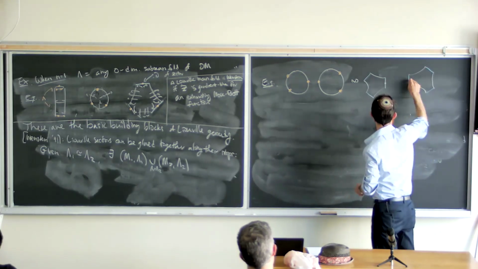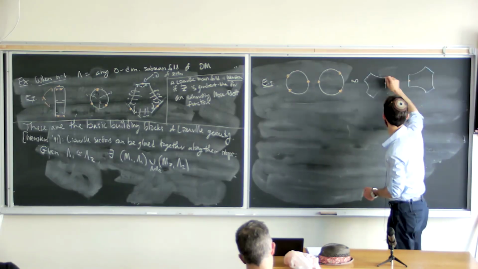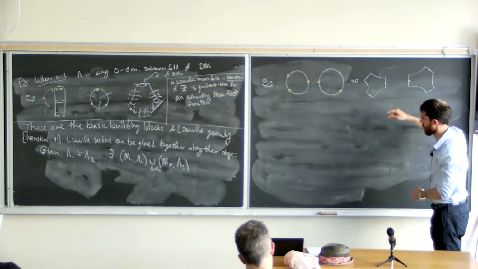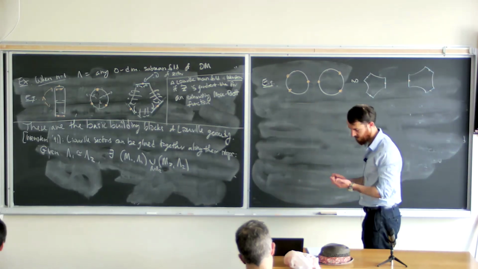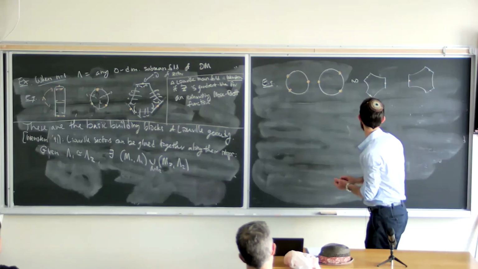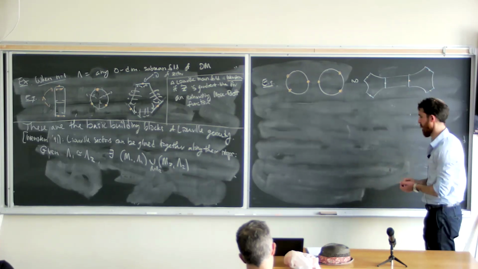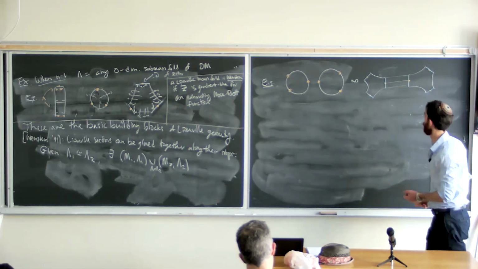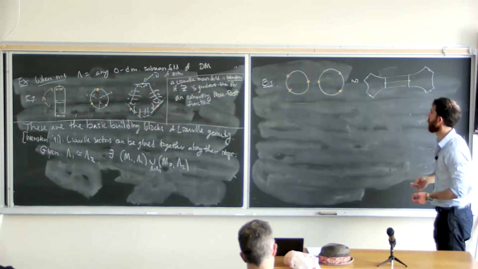And what I said is that I have an identification of the neighborhoods of these orange things here. Just these two here. So this blue guy gets identified with this blue guy. Essentially what happens is that I glue on a little strip here using that identification. I'll draw a little line like this to indicate that these guys are becoming identified here.